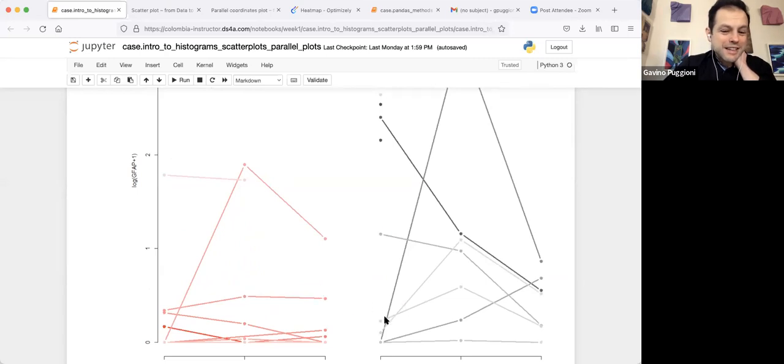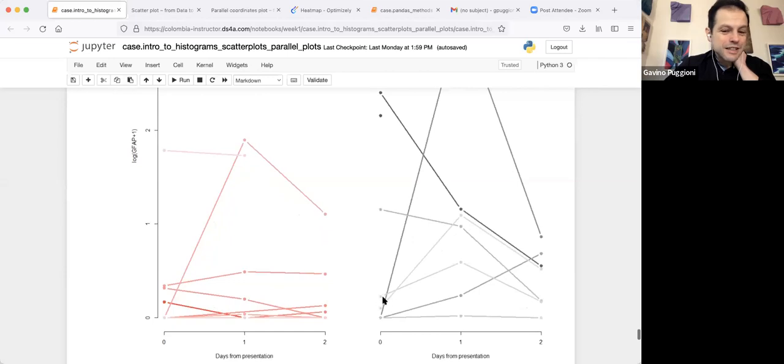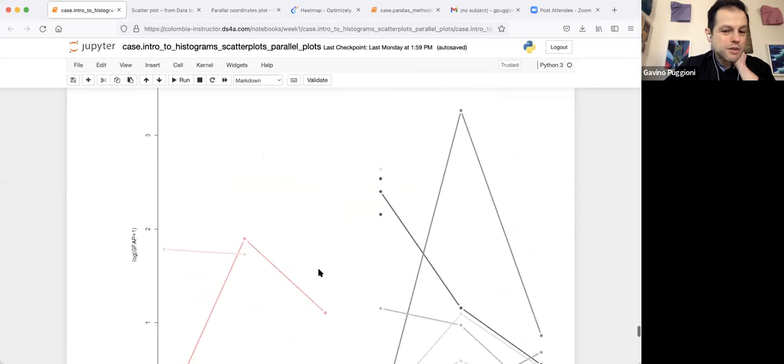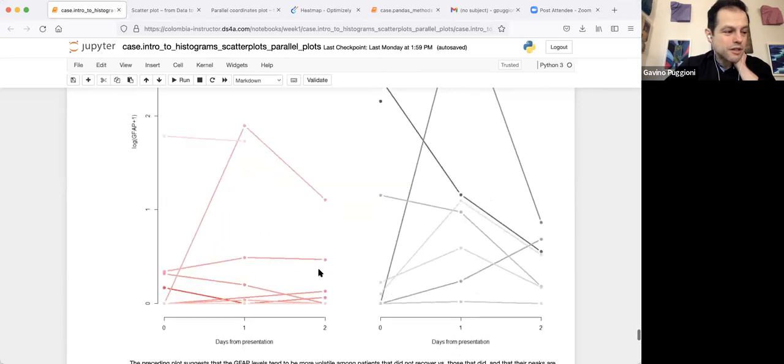So remember, cases like this, can you see this? These three cases here, they were low on the day of the injury, and they ended up not recovering. But what happens? Those levels went up, right? So the stability of low GFAP seems to be an excellent predictor of recovery.